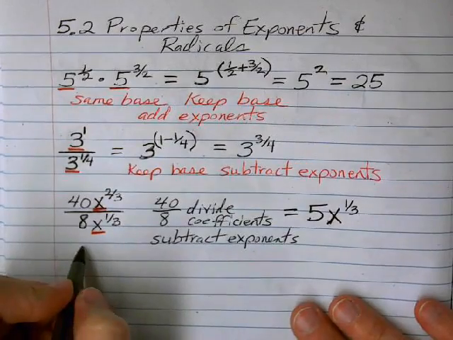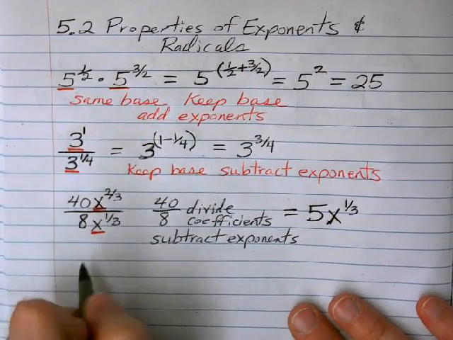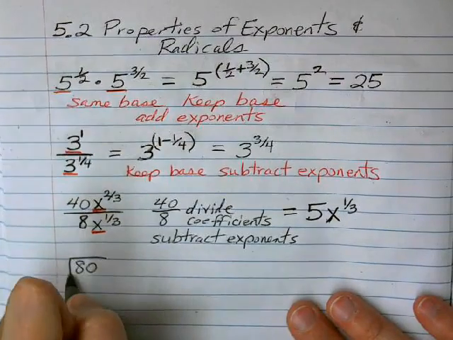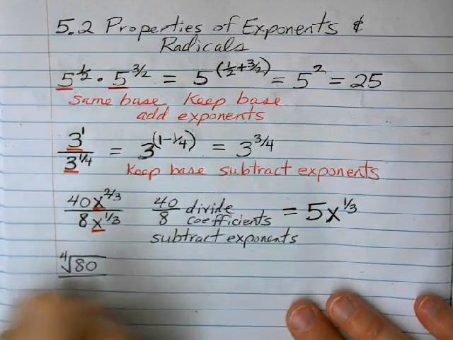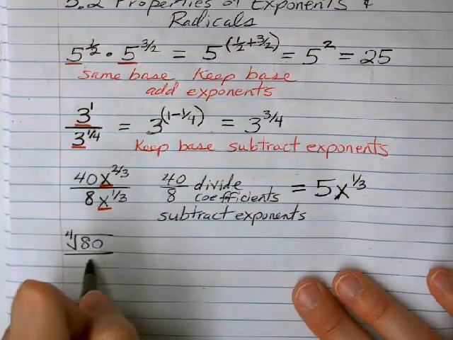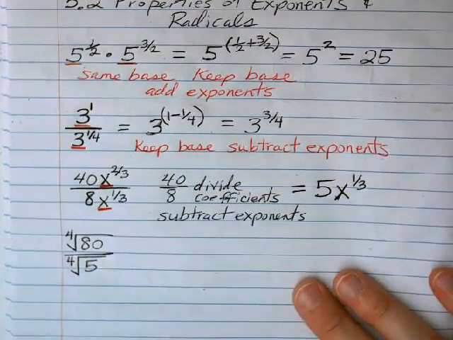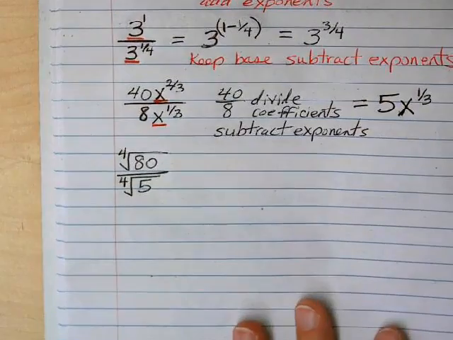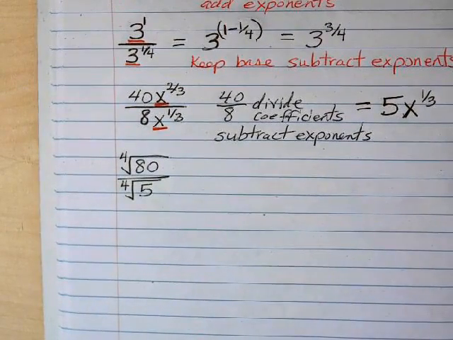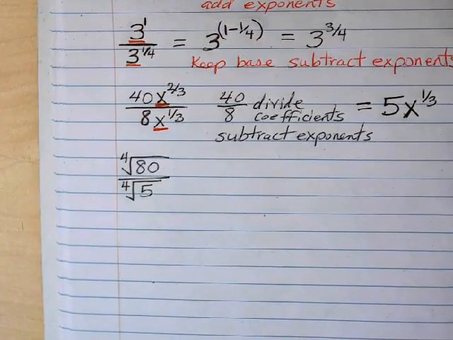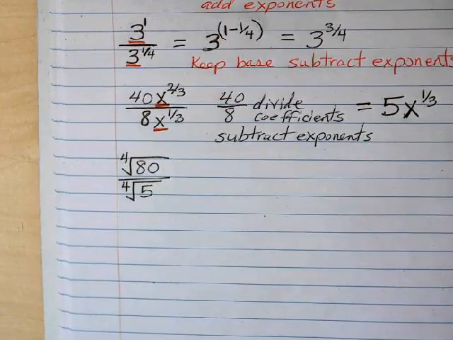Okay, let's try one with roots around it. Let's try one that has 80 in a 4th root over 5, and that's in a 4th root. This is a little different kind. So they're not the same base inside. They're not the same number inside, but they're both in this 4th root.